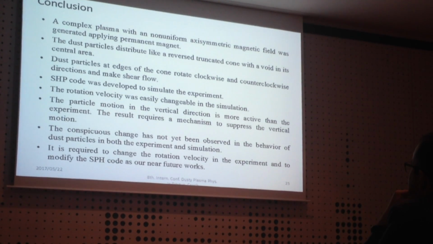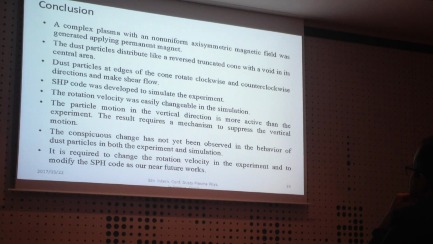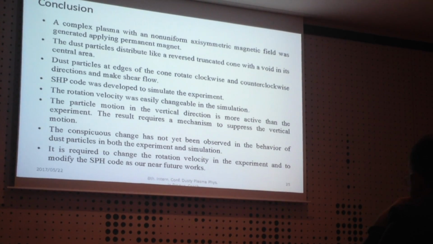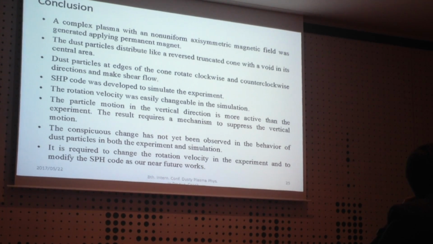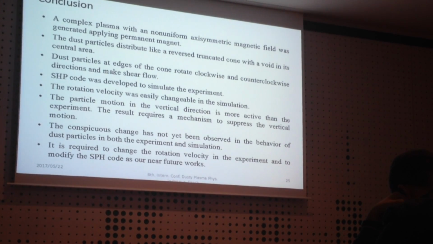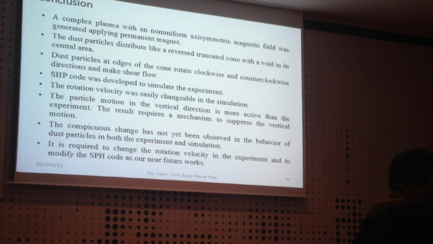Okay. One final question. Hello. I have wondered, in a lot of previous experiments, this shear flow has been generated even in a uniform magnetic field. So do you have any comments on why you have taken the non-uniform magnetic field specifically for this kind of experiment?